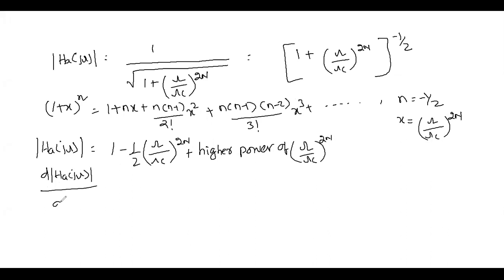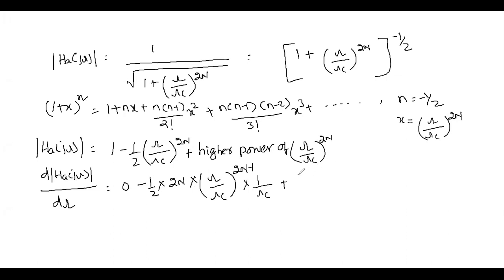If we do the differentiation, then what will we get? The first is 0. And if you see the second case, it is minus 1 by 2 multiplied by 2n multiplied by omega by omega c to the power 2n minus 1, multiplied by 1 by omega c, plus the same we will do for this.